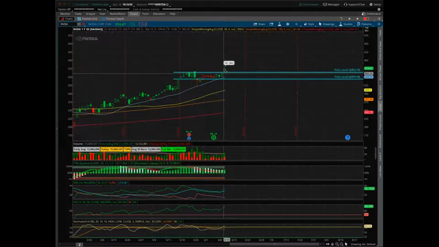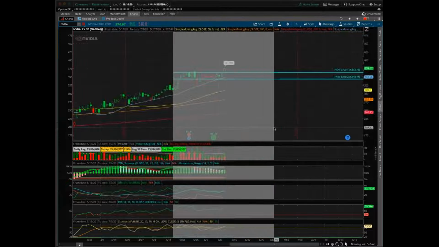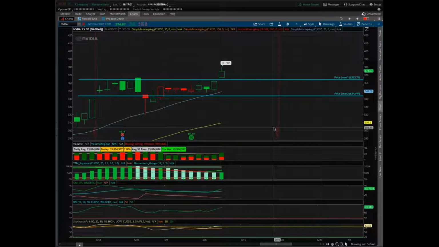Now once it breaks out, what is that? Breakout. Or accumulation. Yeah, accumulation, right? Because it breaks to the upside. So it's going to be accumulation.